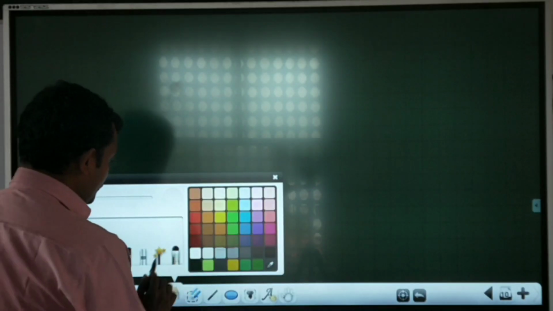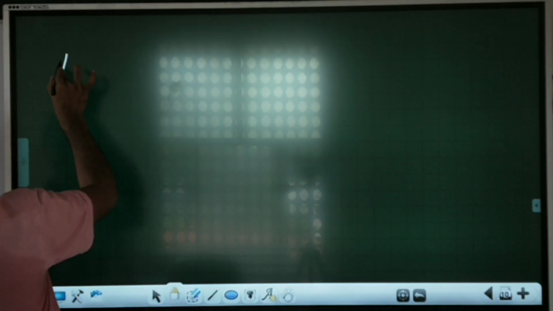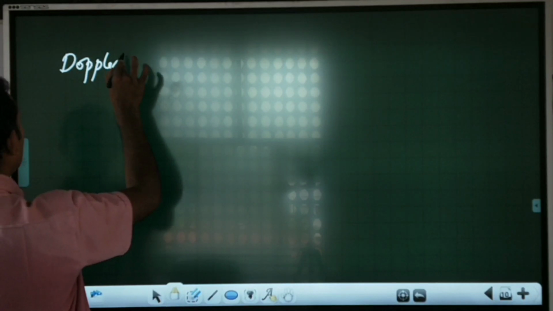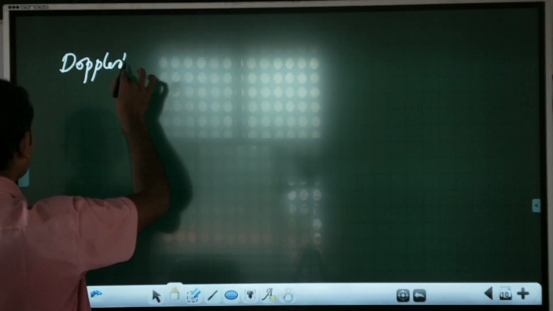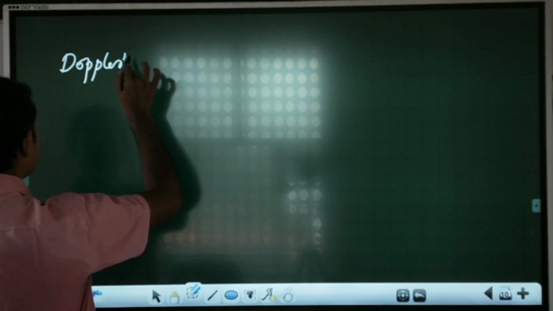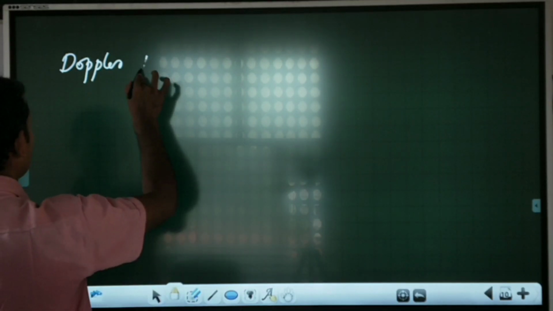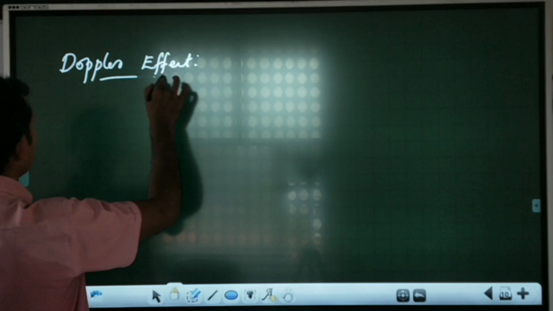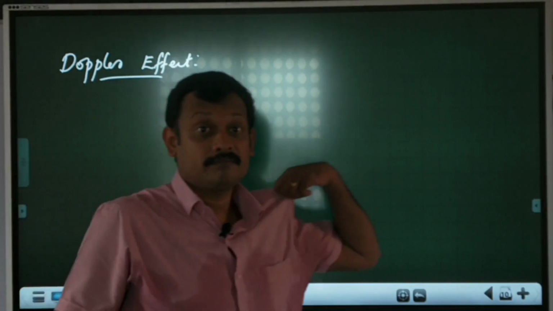So in the next discussion, we will study the non-relativistic Doppler effect in light. So we are not considering relativistic effects. We consider the non-relativistic condition.